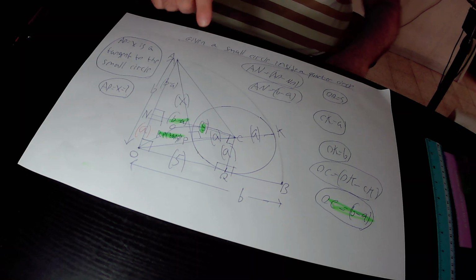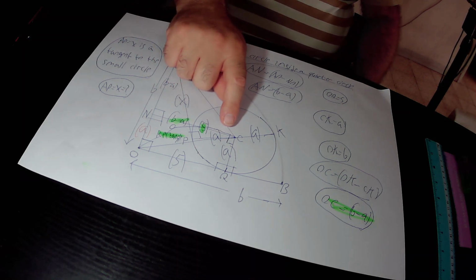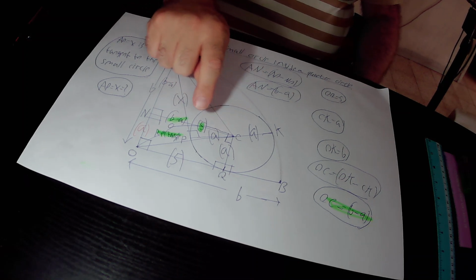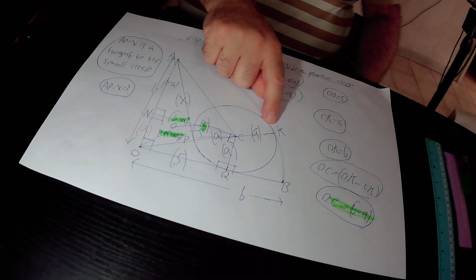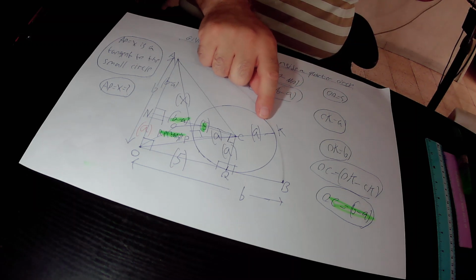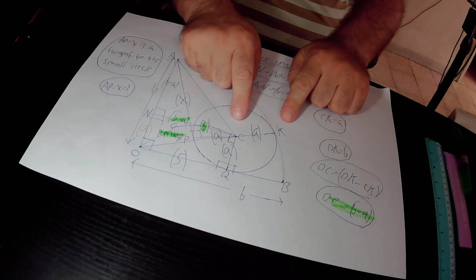So we join points O and C together by a side line. You can see here that the straight line OC passes through point K, the touching point, exactly according to rule 9.